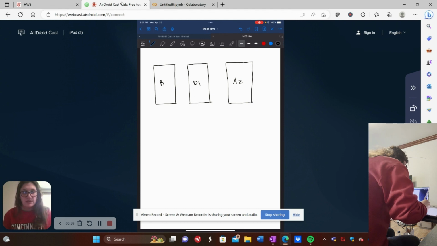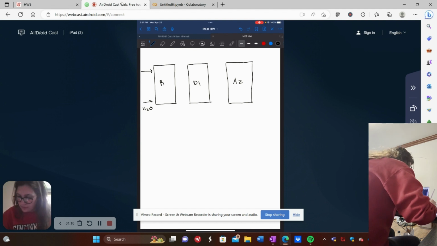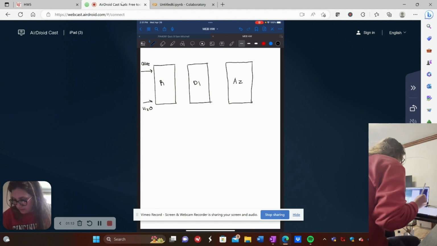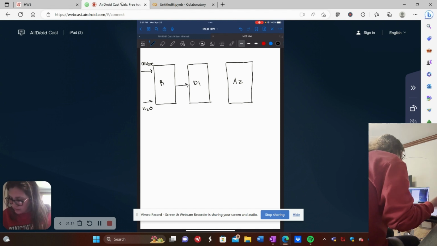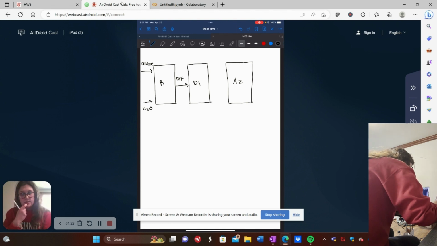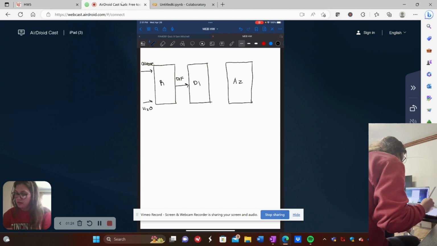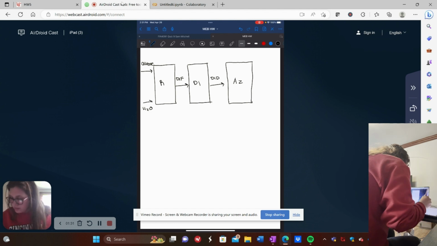So as far as the inputs for the reactor, the reactor R, we have our water. We also have our alkene, and then the outflow is what we'll call D1F, and then that also is an inflow for D1. And then D1 has an outflow of D1D.